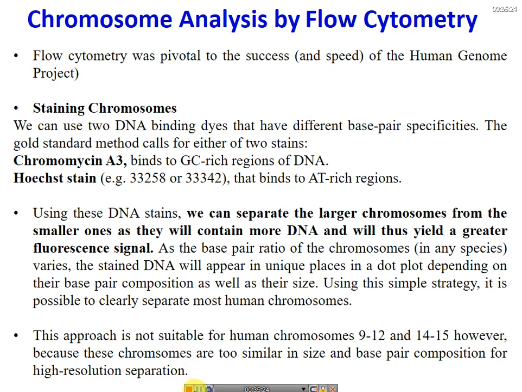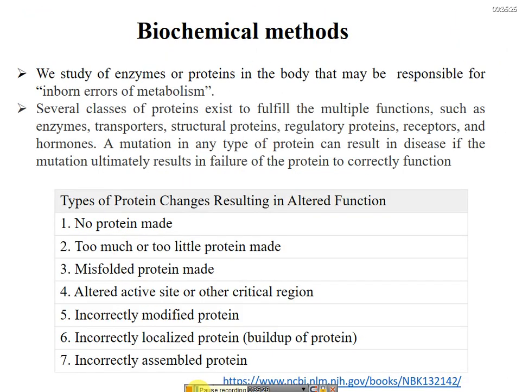We can of course use biochemical methods for diagnosing genetic diseases, because some metabolic errors are caused by inborn errors. Because they are caused by genetic factors. If a protein is malfunctioning, you know that all the proteins are encoded by genes, and genes are residing on the chromosomes.